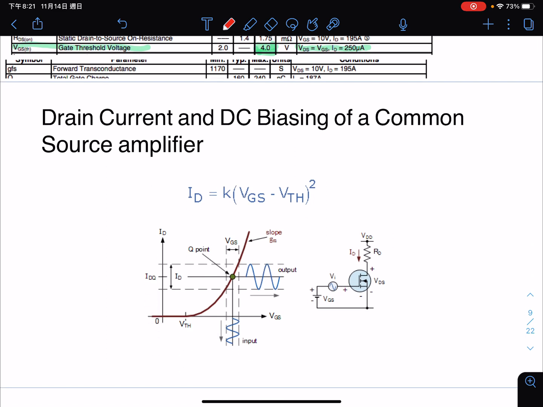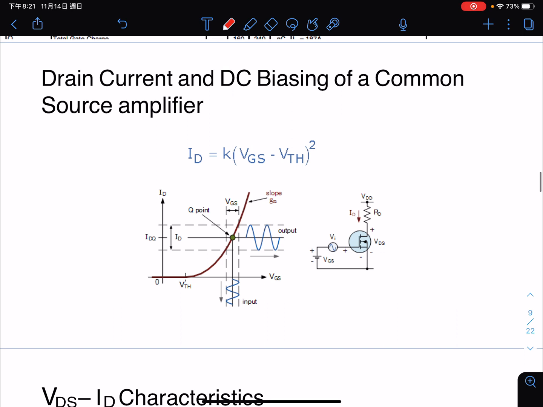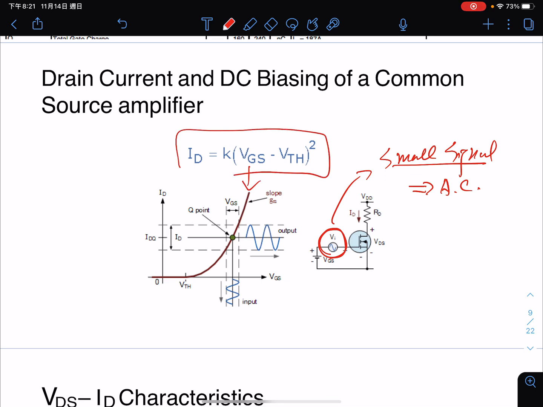And let's look at the characteristic curve again, more closely. If we apply a very small signal here, maybe it's not small enough, but it's the AC signal, the characteristic curve of this is this.